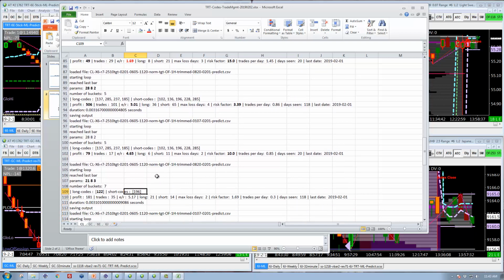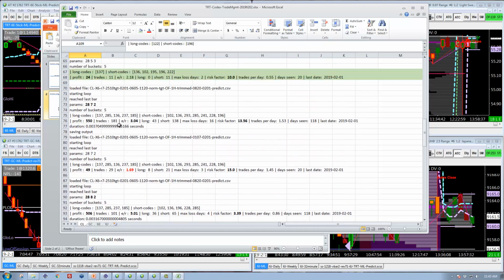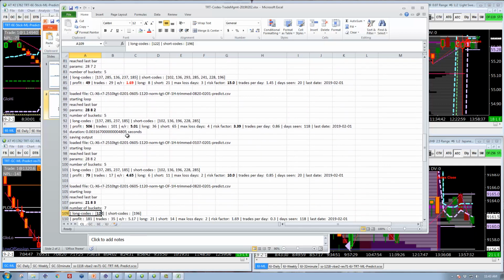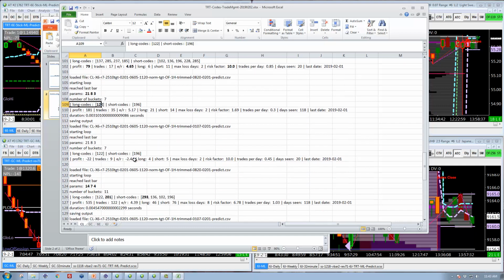In this case, you go back and you look, and 122 has not shown up as a long in these previous analysis runs. So that becomes a candidate to add to see what you ultimately get.